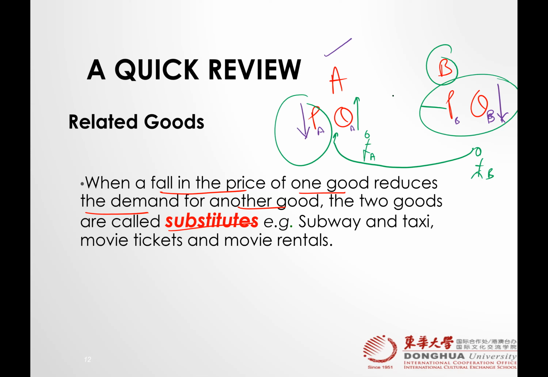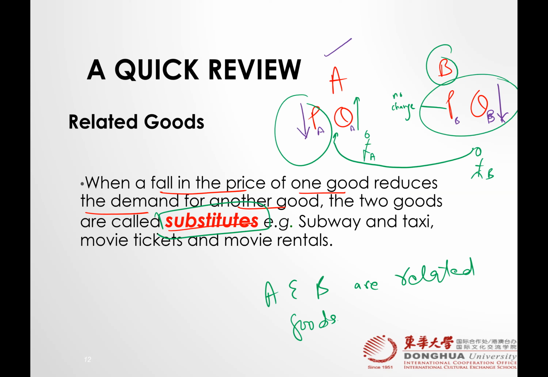There is no change in the price of product B, but still product B experiences a decrease in demand. Why? Because A and B are related goods, and specifically they are substitutes, right?